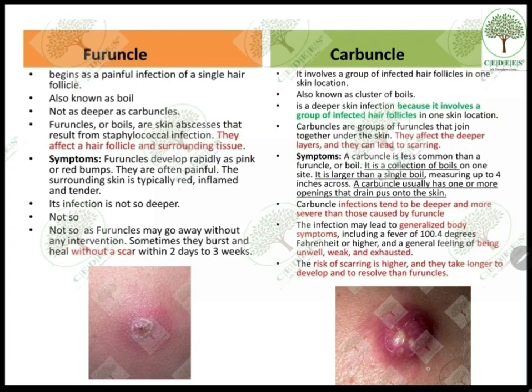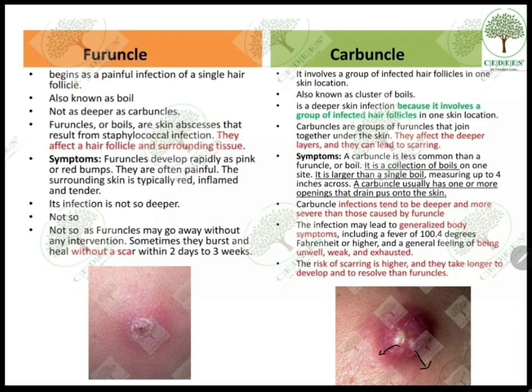But when we talk about a carbuncle, since the severity is much more, you will see a severely inflamed tender nodular area surrounded by erythematous and tender skin. And also along with that, you will see multiple sinus tracts with pus coming out, easily and freely draining pus.